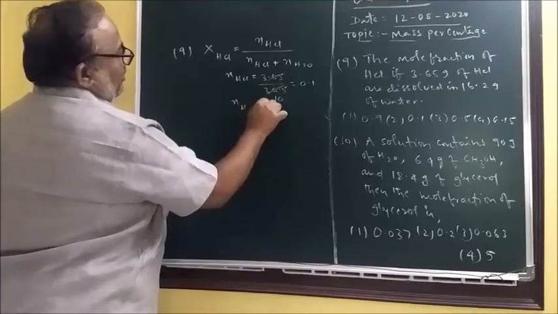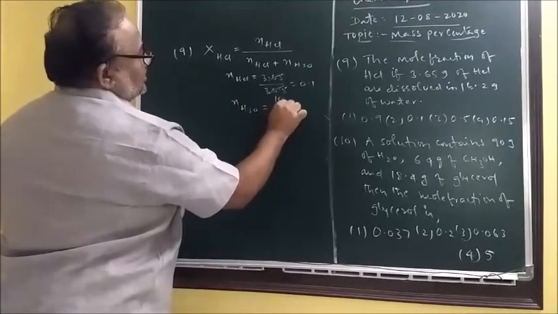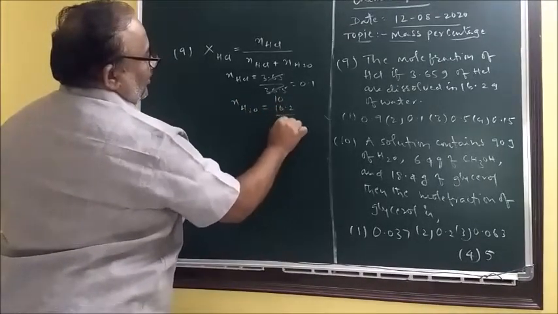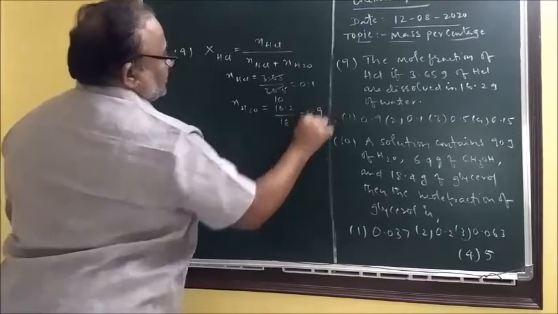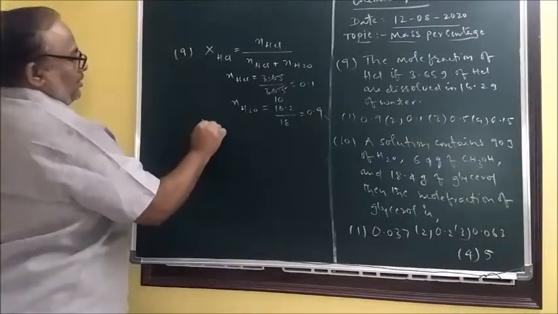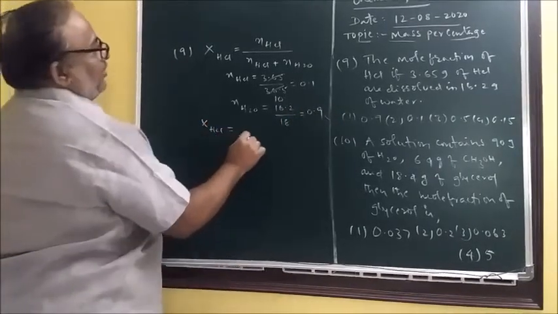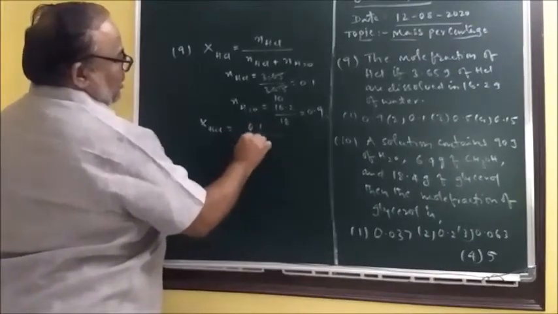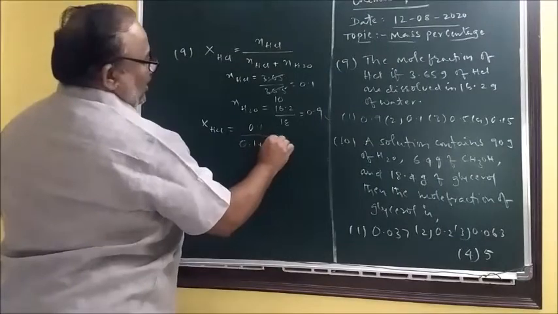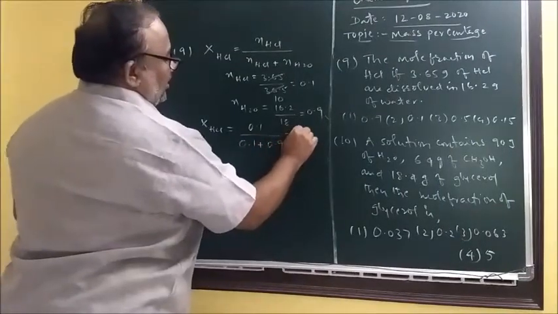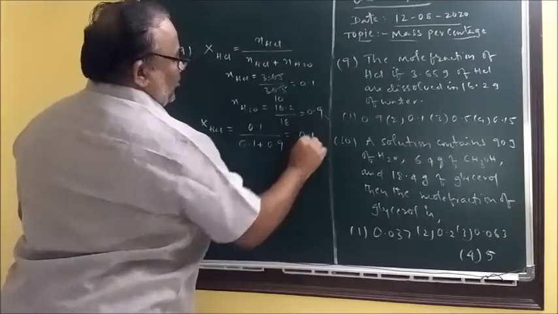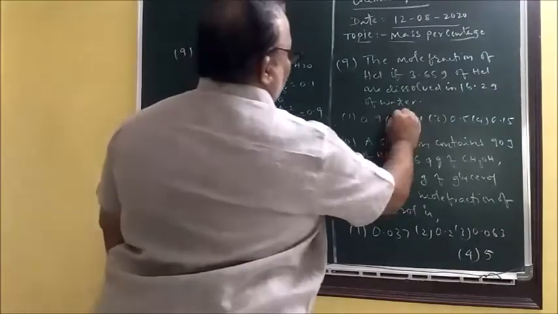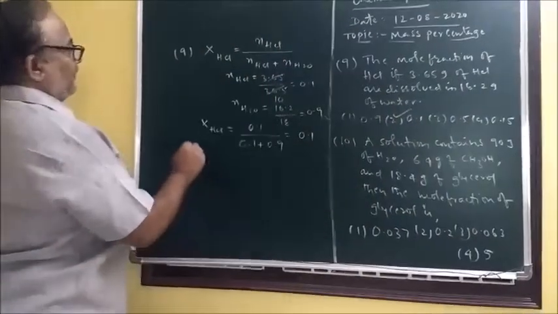Moles of water equal to 16.2 by 18, that is 0.9. Therefore, mole fraction of HCl equal to 0.1 by 0.1 plus 0.9. So that equal to 0.1. So second option is correct one.